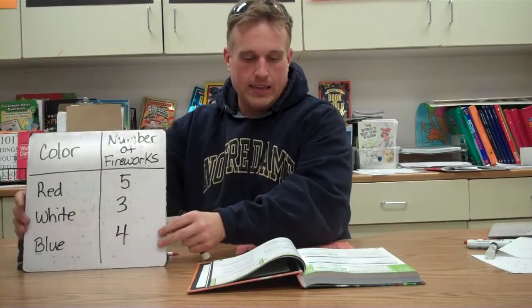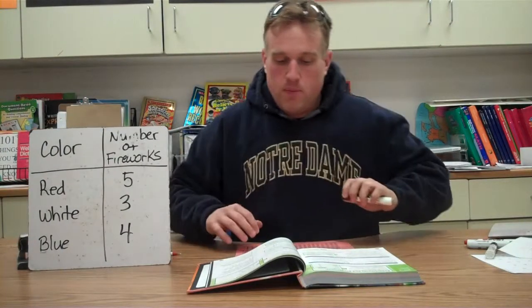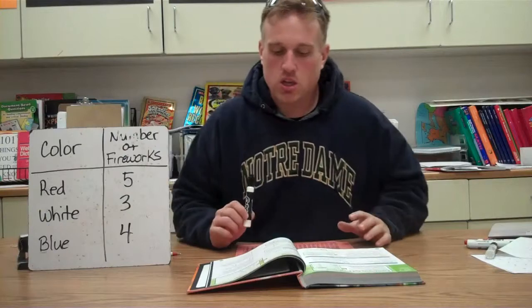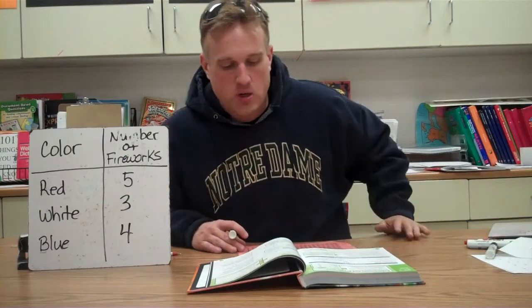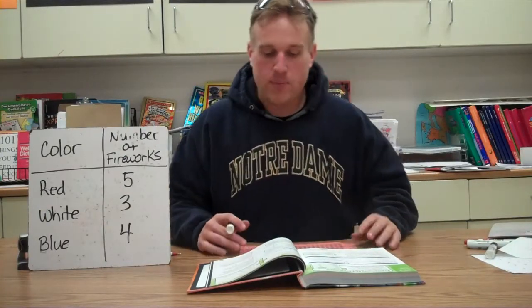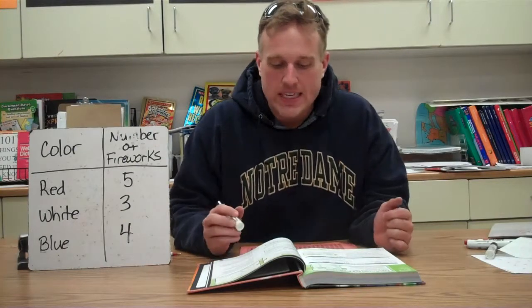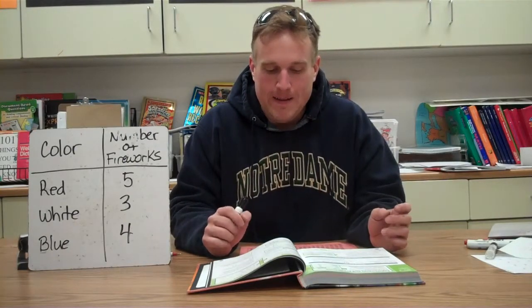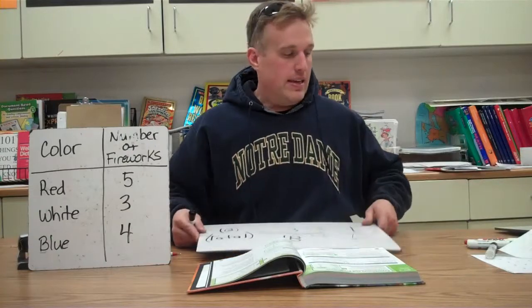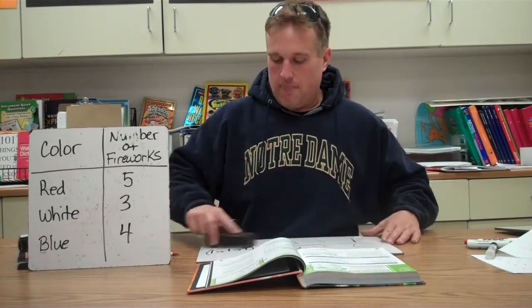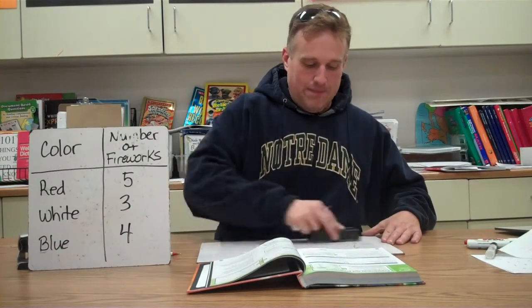Number 14 says, the table below shows the colors of the first 12 fireworks shown at a fireworks display. Predict how many fireworks will be red if a total of 60 fireworks are displayed. So again, this problem is kind of like the pizza problem we had for number 9.